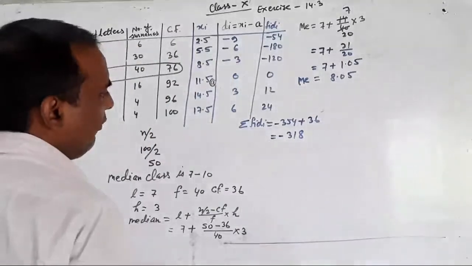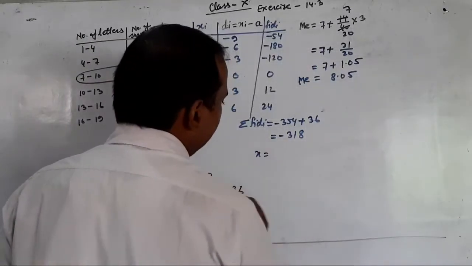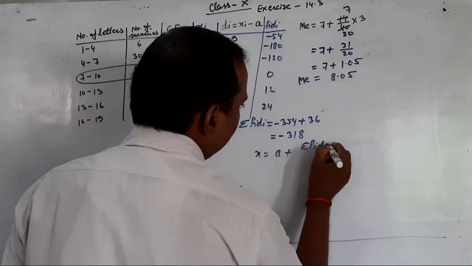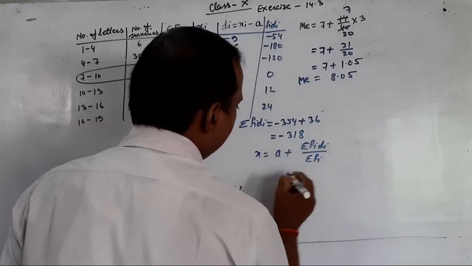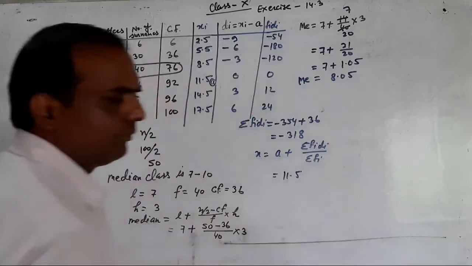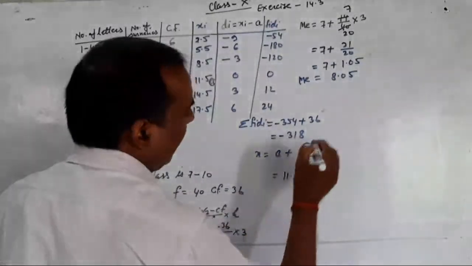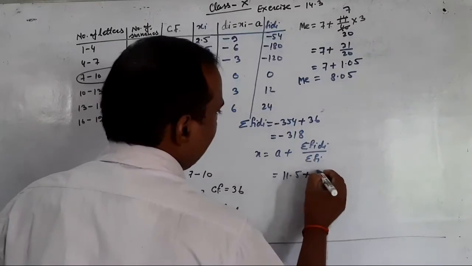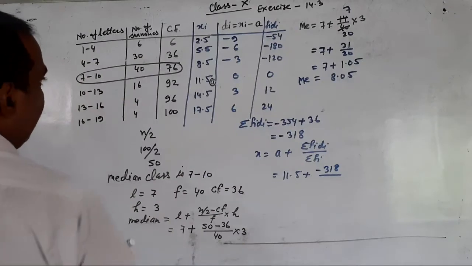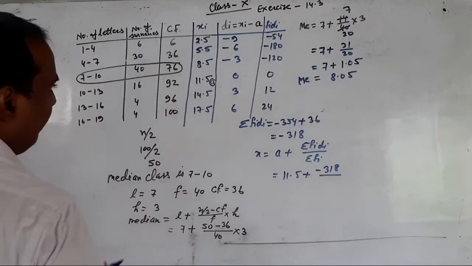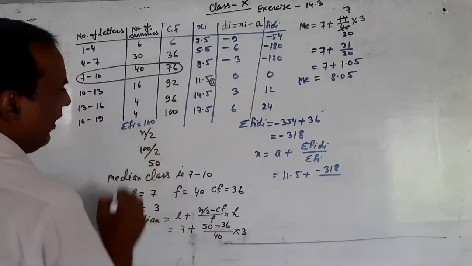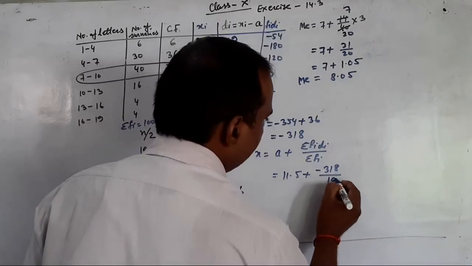Now we have to find the mean. Here mean equals a plus sigma fi di by sigma fi. So here a equals 11.5 and sigma fi di equals minus 198 by sigma fi. Sigma fi, the total sum, is 100.